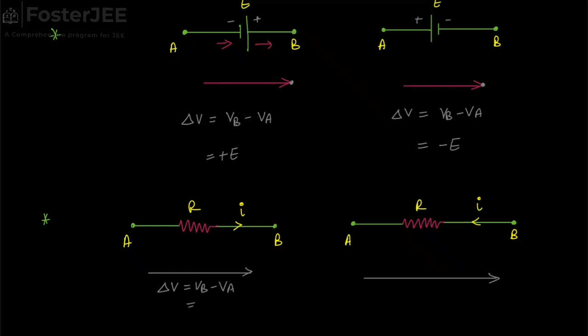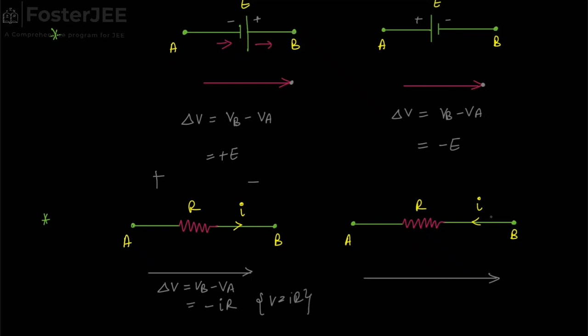Now here we have to see that current always flows from higher potential to lower potential. Since it is flowing from A to B, that means A has to be at higher potential. So for the potential difference VB minus VA, since A is higher and B is lower, if we move from A to B, then VB minus VA is negative, and it is negative of I times R, from V equals IR.